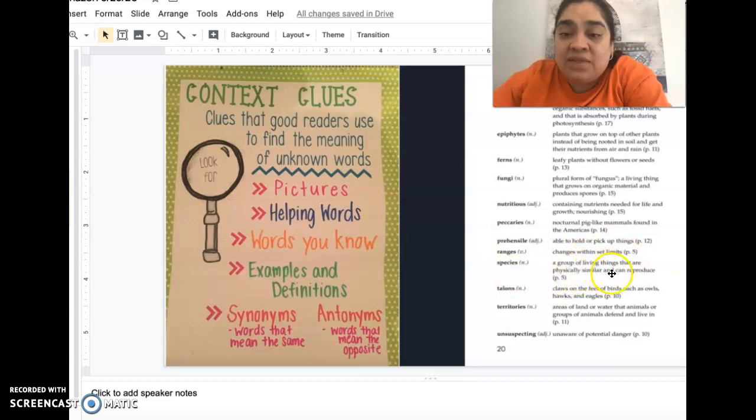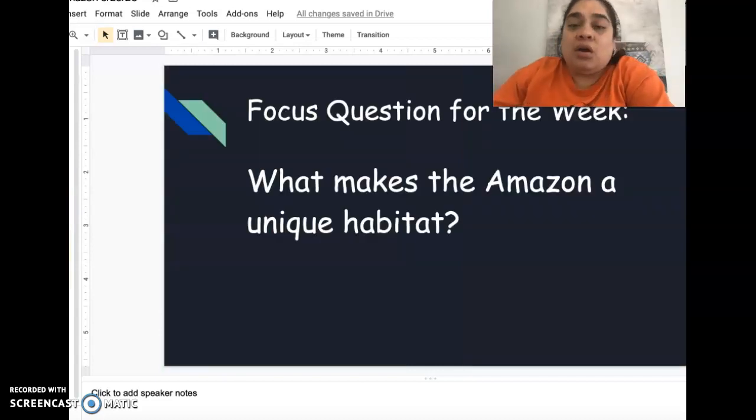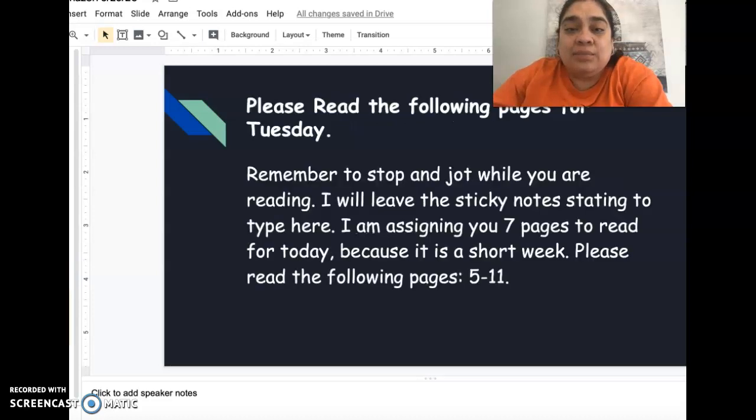Species is a group of living things that are physically similar and can reproduce. Talons are claws on the feet of birds such as owls, hawks, and eagles. Territories are areas of land or water that animals or groups of animals defend and live in. Unsuspecting means unaware of potential danger. So, again, our focus question: what makes the Amazon a unique habitat?